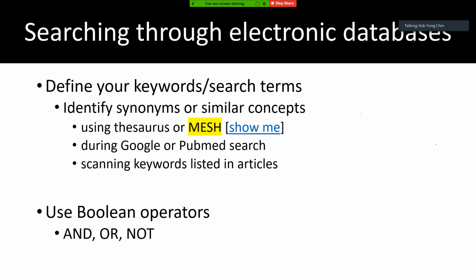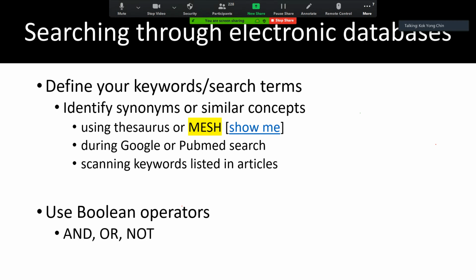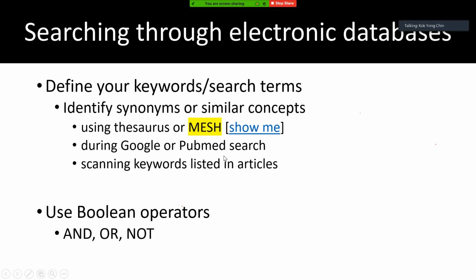Inside the bone, it has osteoblasts and osteoclasts, which are the main bone cells. Vitamin E might also affect these main bone cells. So I might want to consider putting osteoblast, osteocyte, osteoclast also into the databases. But this is just what I can think of right now. I might have left out something. So how do I verify whether I have left something out? I can use the MeSH website. I'm going to show you the MeSH website now.